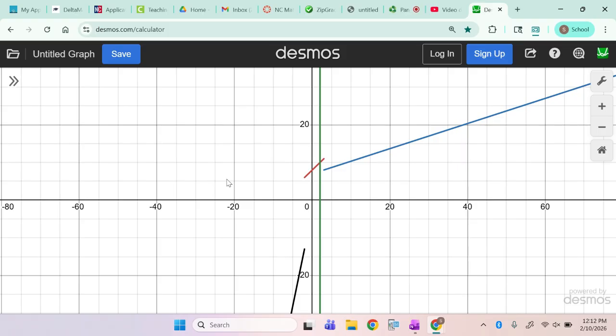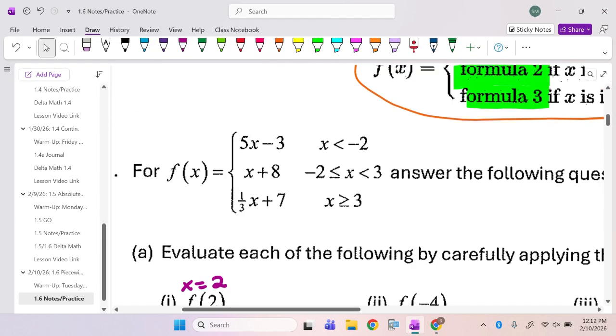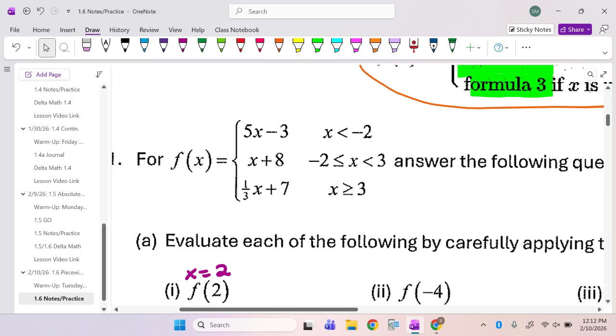Now, if I go back and actually look at the original, why does it make sense that when x equals 2, we would plug it into the middle function? If x is equal to 2, why would we plug it into the middle function?